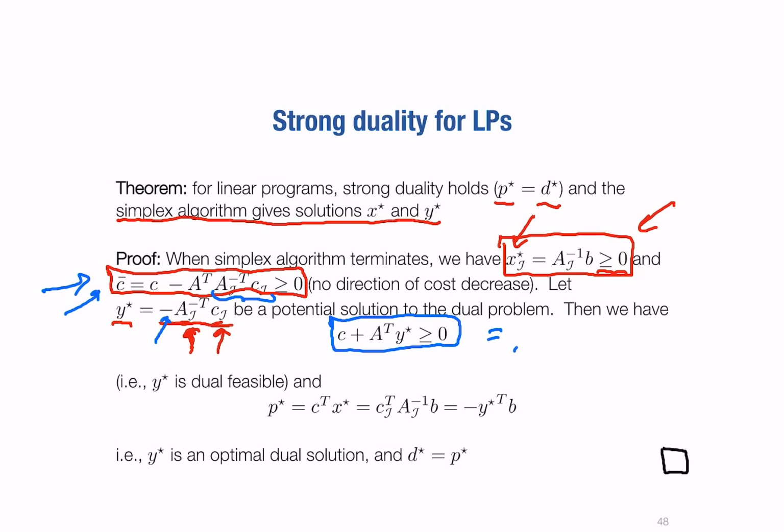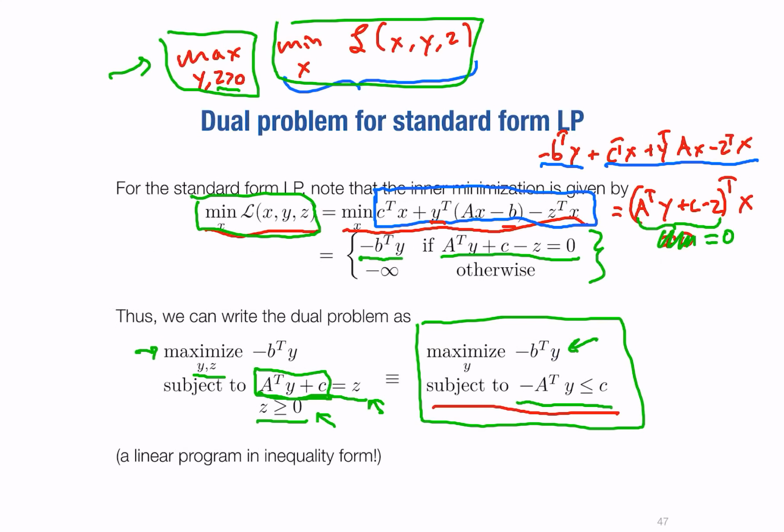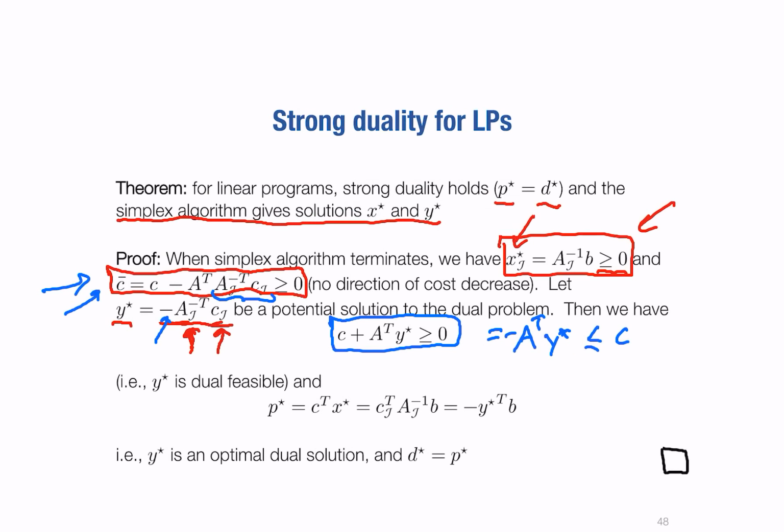In other words, writing it one more time, negative A transpose y star is less than or equal to c, which was exactly the constraint, going back one slide, that we had on our dual problem. So this solution y star that I'm defining satisfies the constraint of our dual problem.